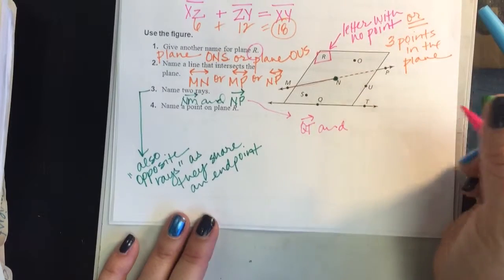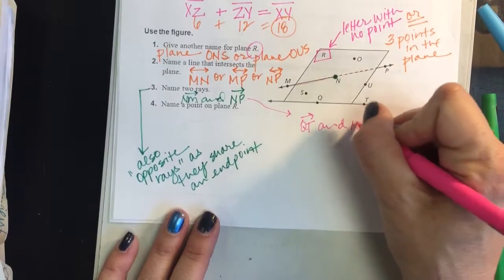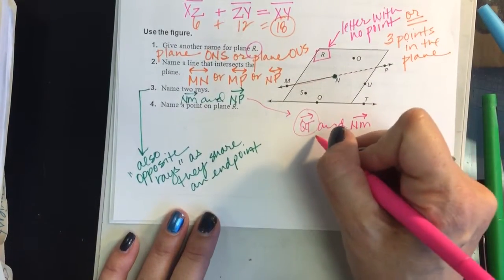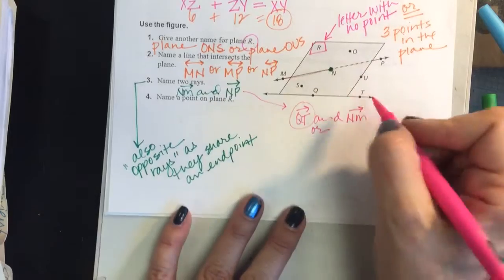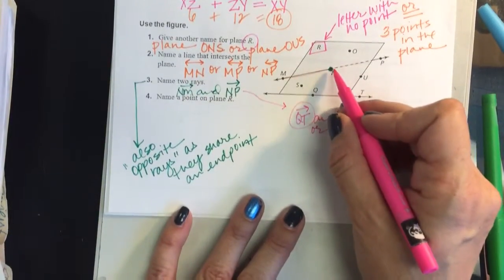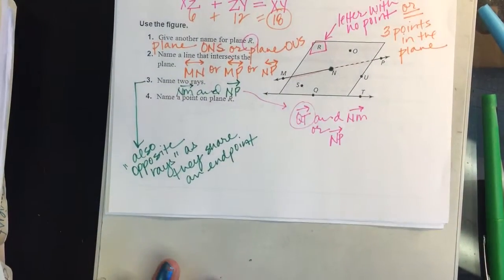But what's the other one? Because you needed to name two. Oh, and I put N. You put ray NM, sure. So you could put together QT with NM, or you could put QT together with NP. Either one of those pairs would be fine too. I missed it. Good eye. Is that what somebody else had their arm up for? Yes. Okay.